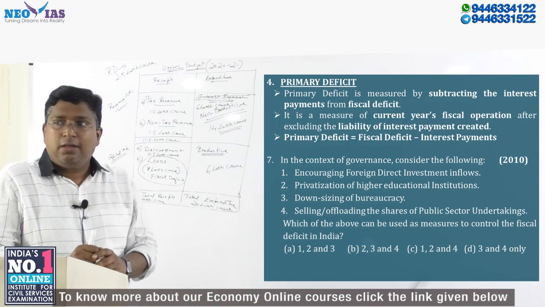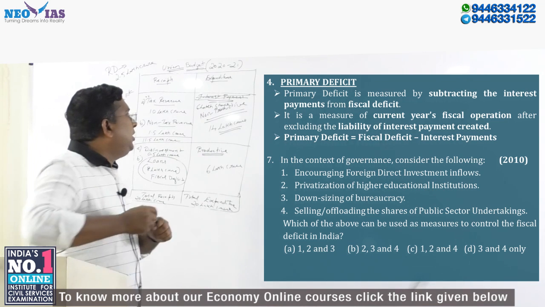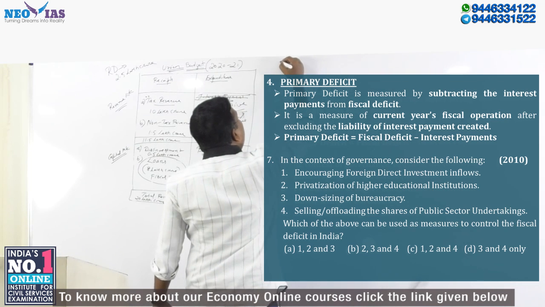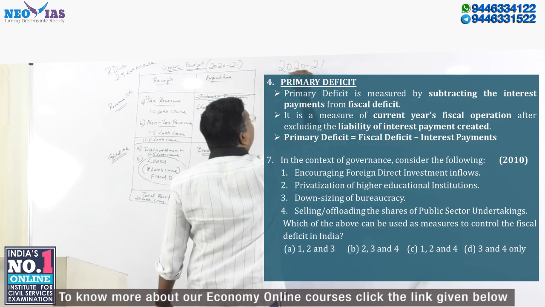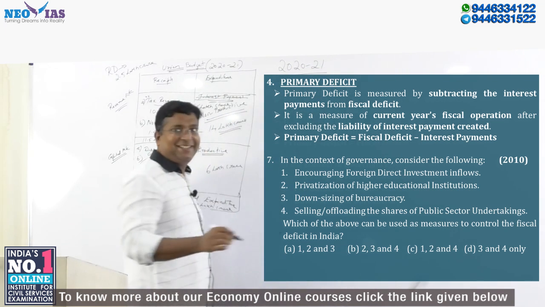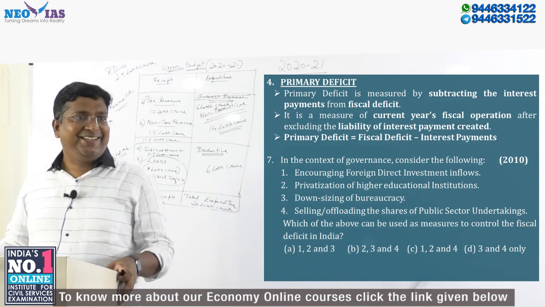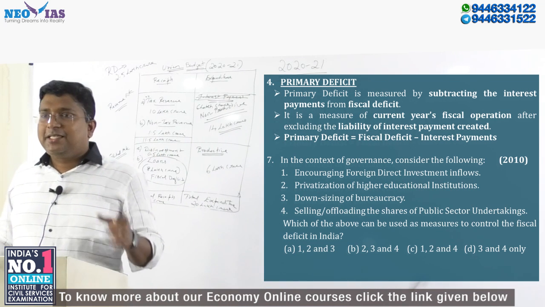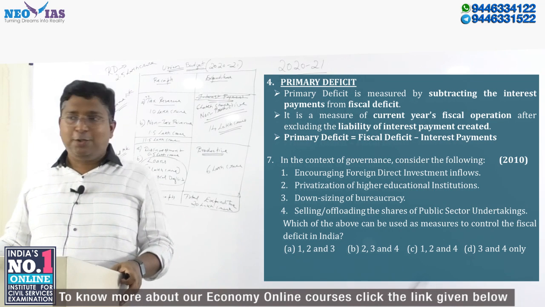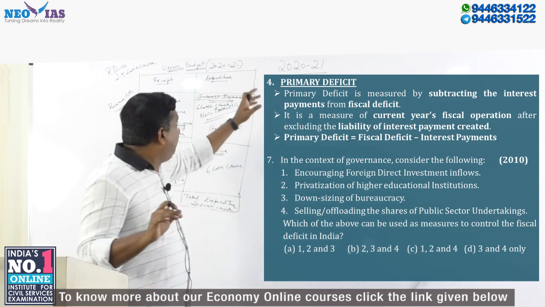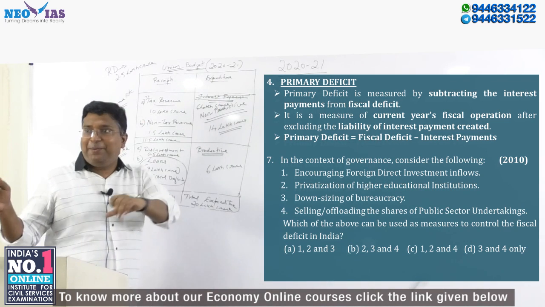Now these terms are very important. Why? 2021, never in history, all our future generations will remember this year. We will also remember this year as economics students, because we still don't know what the fiscal deficit will be. Now come to the real picture.